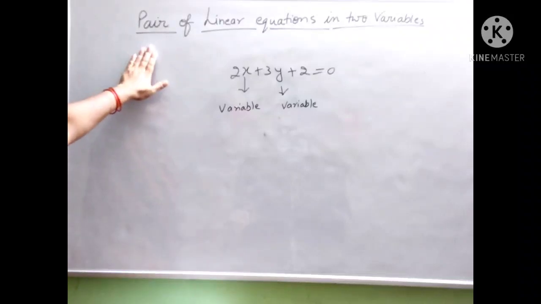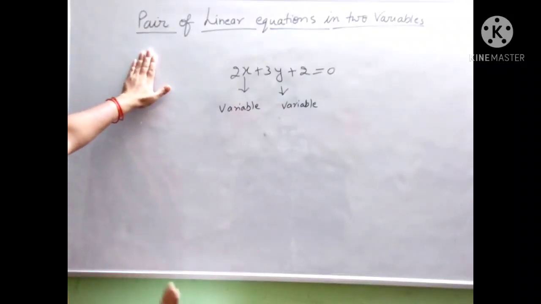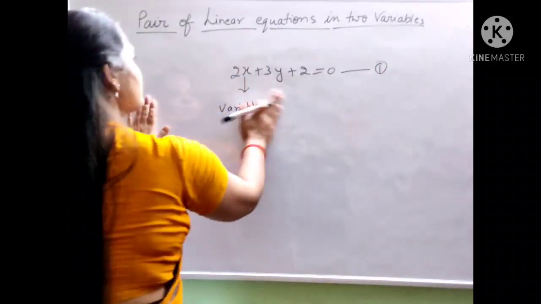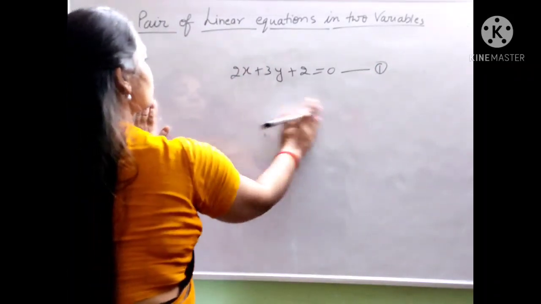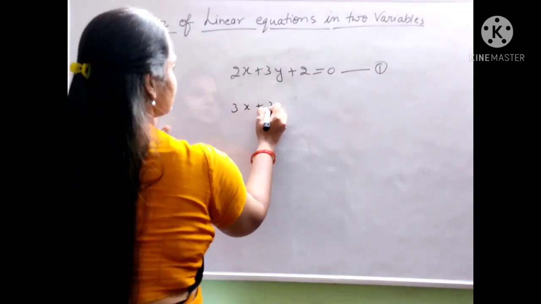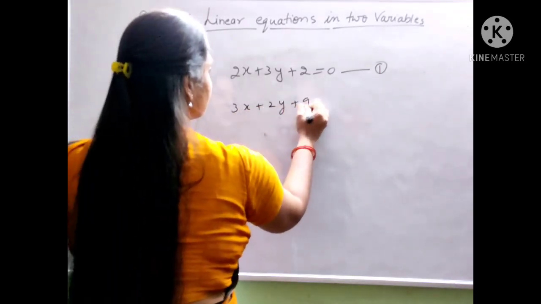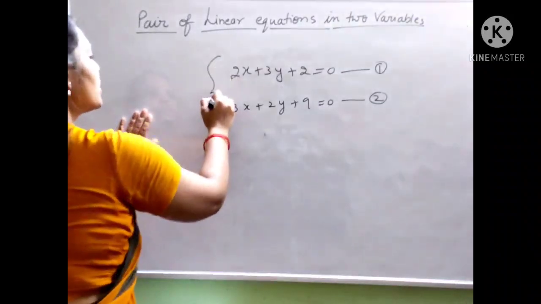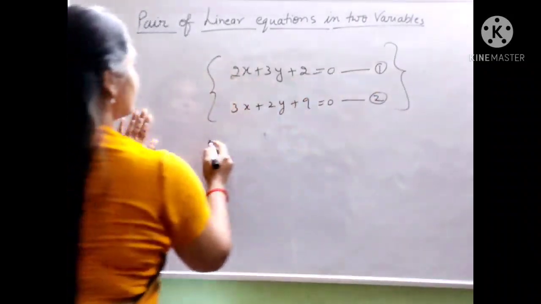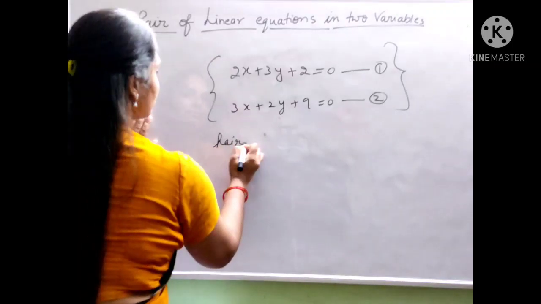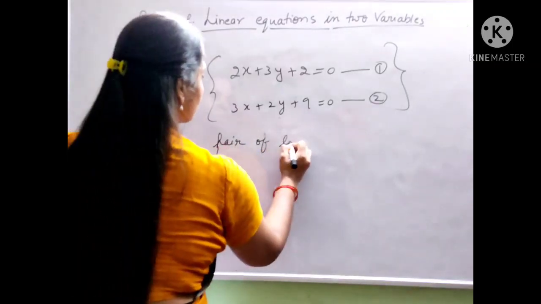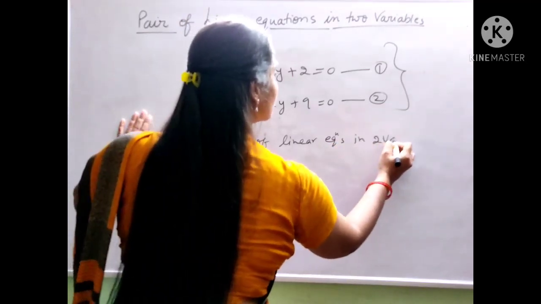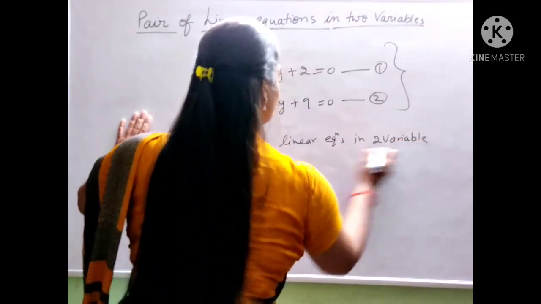Now what is a pair of linear equations in two variables? Suppose this is equation number 1, and in the same way if we write another equation, then these two equations together are called a pair of linear equations in two variables.